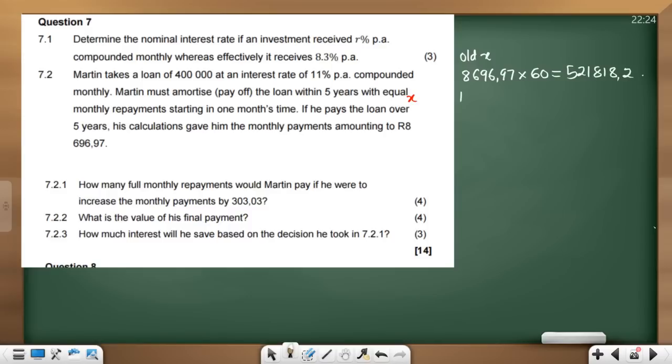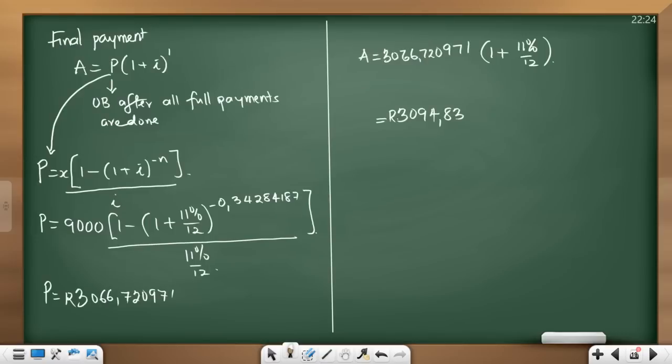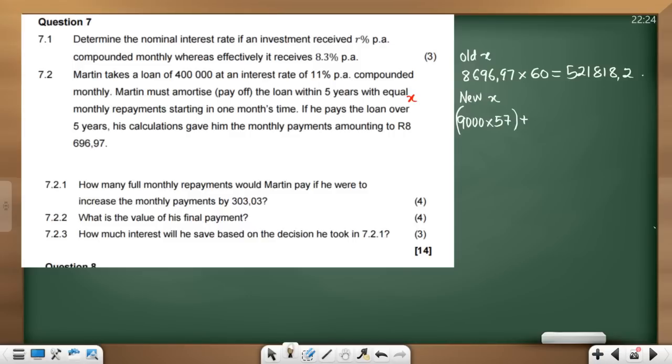Okay, but with the new X, what did this guy pay? This guy was paying 9,000, but mind you, he paid it 57 times. Then he paid that extra last amount. We are looking at all the money he paid from his account. 3094.83.